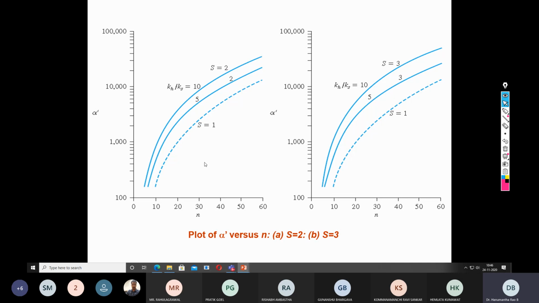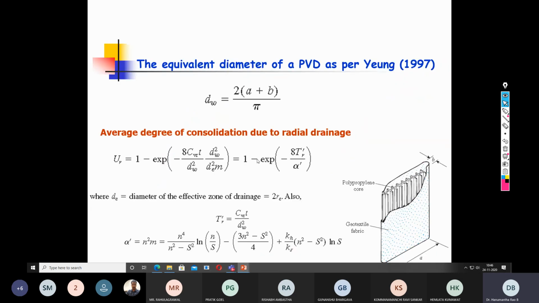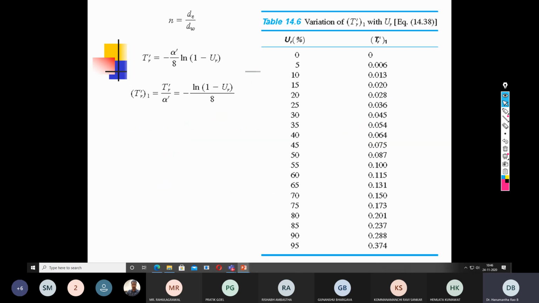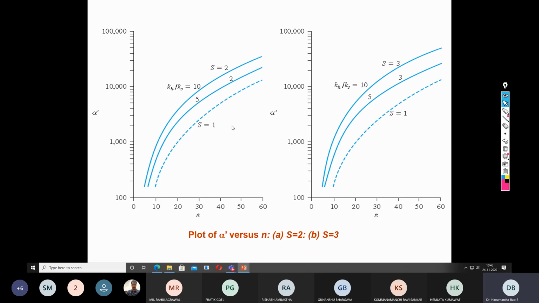This is alpha dash, this is n, and as a function of s, the ratio of the diameter of the smear zone to the diameter of the drain, and kh by ks, the ratio of permeability in the horizontal direction to the vertical direction.